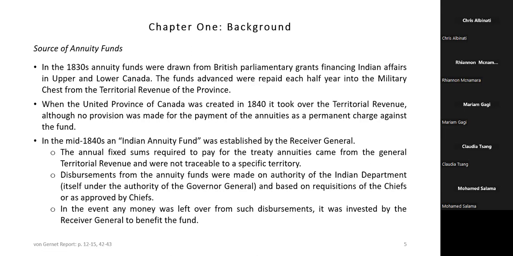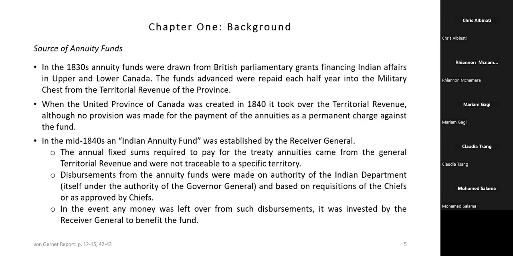So after that, in the course of doing that, the distributions themselves from these annuity funds were made on the authority of the Indian Department, which itself was under the Governor General's auspices. And it was based on requisitions from chiefs.